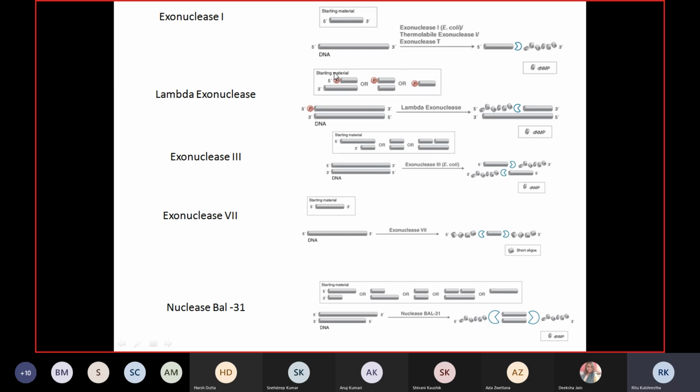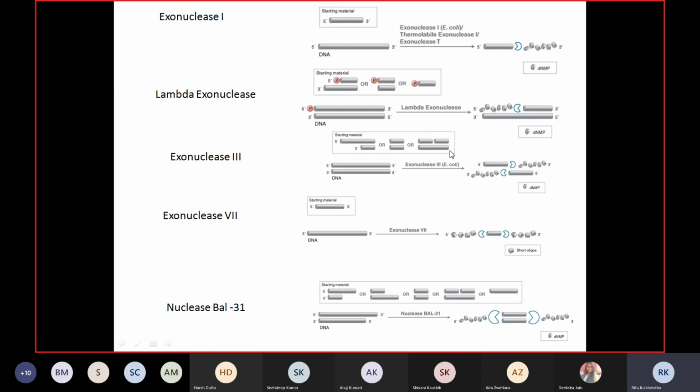Some require the presence of a phosphate group at least on one of the strands at the 5' end. Some do not have that requirement. Then some can act on double-stranded DNA like blunt or staggered ends, but some can also act on nicked DNA.